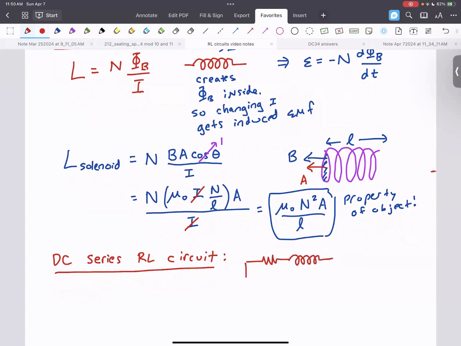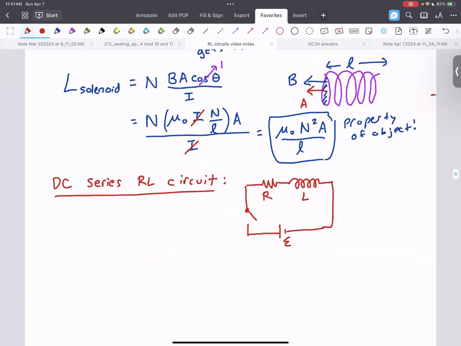We're going to start by looking at the case where nothing has happened yet. I haven't closed a switch. I'm going to have a source of EMF, which is just a fancy way to talk about my voltage source. I'll have some resistor R, some inductor L, and the switch initially open. And then at t equals 0, we're going to close the switch.